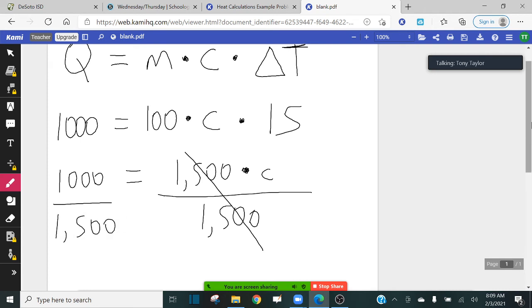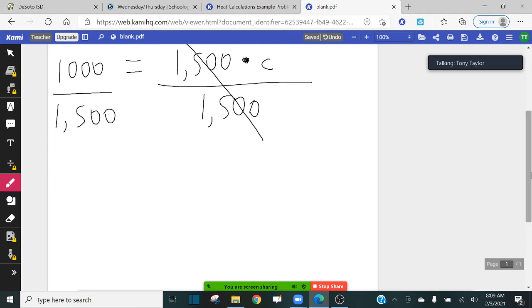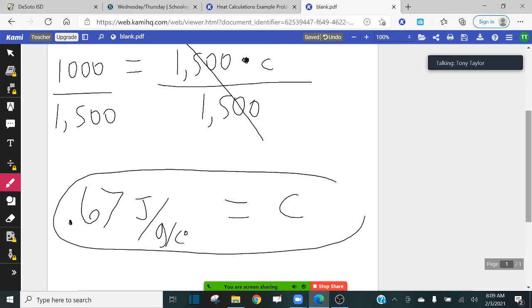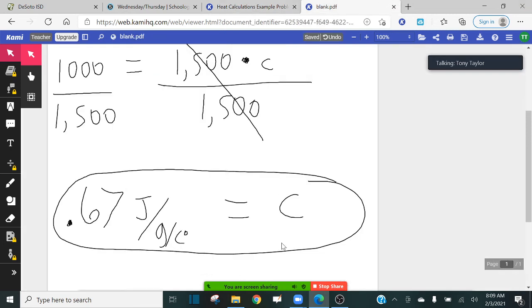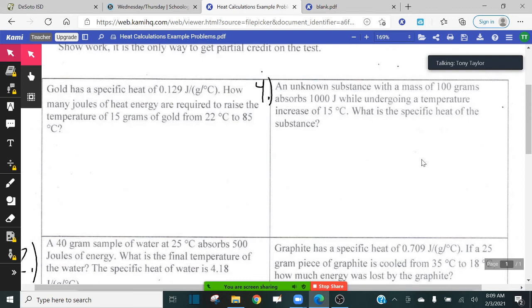So guys, if I put 1,000 divided by 1,500 in my calculator, what I get is C is 0.67. And of course, you know the units for C is this. But the most important thing is when we solve for C, we get 0.67. So in the case of number 4, the specific heat of this unknown substance is 0.67.